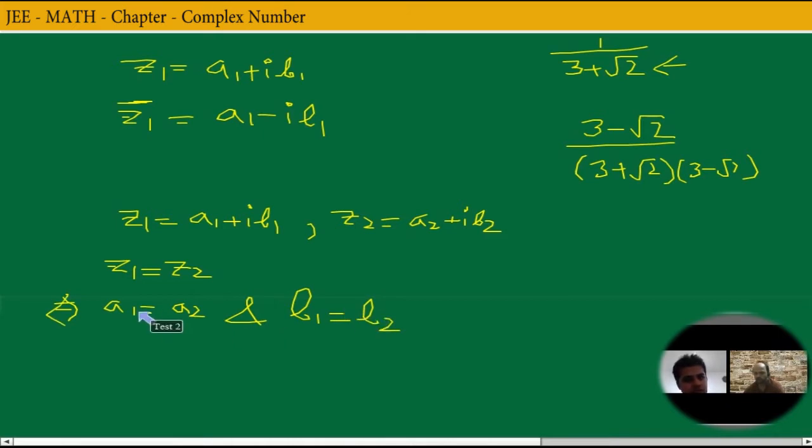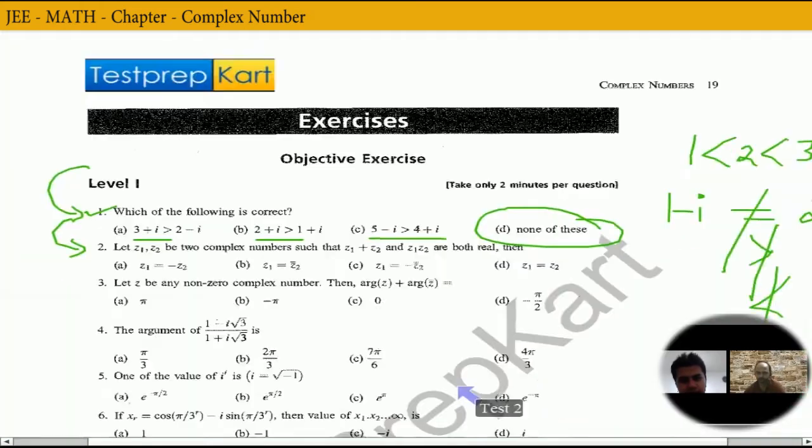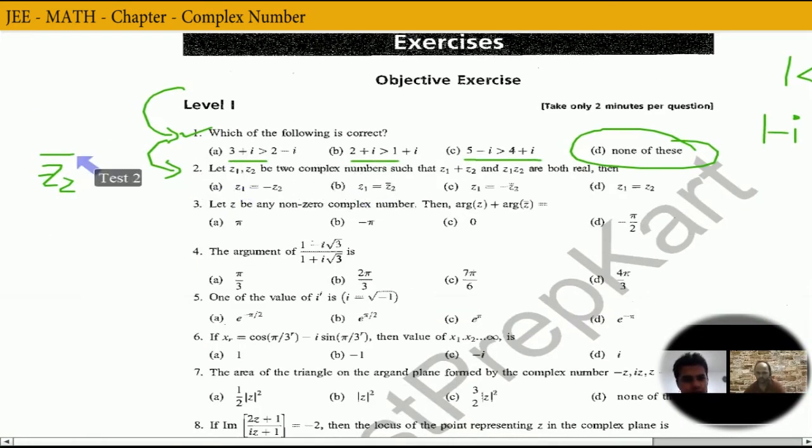If you can show the real and imaginary parts are equal, then the complex numbers are also equal. Does it make sense? Okay, now let's try question number 2.